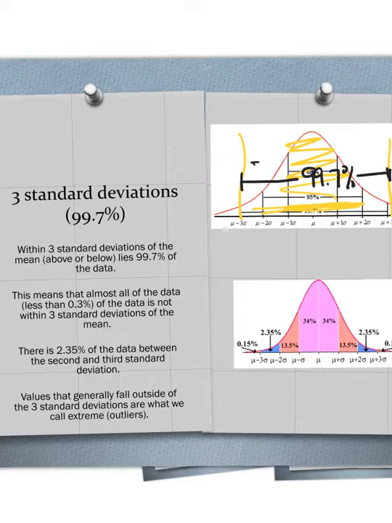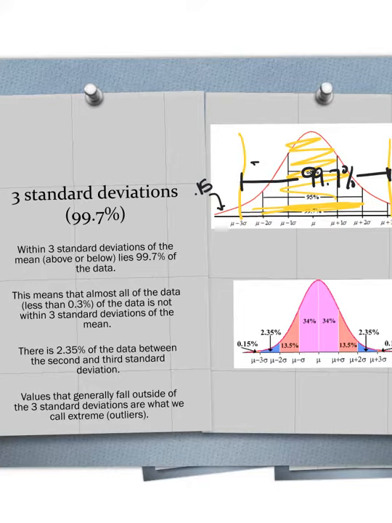So how much data doesn't sit inside of 3 standard deviations? It tells us that only 0.3% of the data doesn't sit inside 3 standard deviations. And what that means is that out here, 0.3 doesn't sit inside. So divide 0.3 in half, you get 0.15 and 0.15.